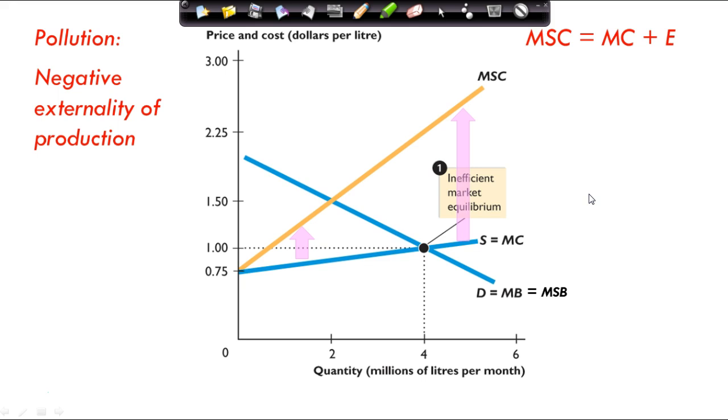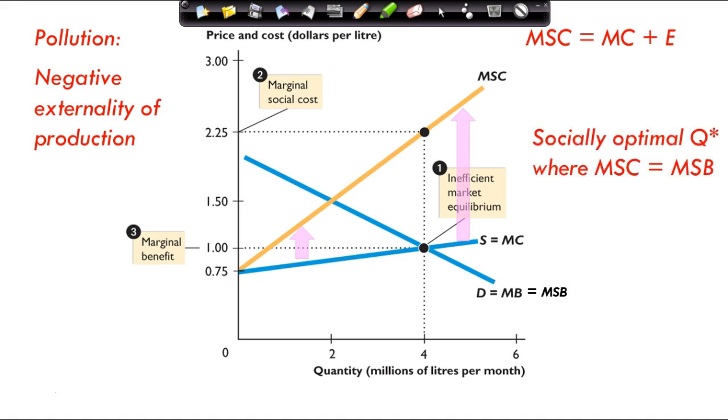All right, where's the optimal output from the perspective of the society as a whole? Well, that would be here, at the point where the marginal social costs equal the marginal social benefits. That would be optimal for the society. But that's not the quantity that's actually generated.